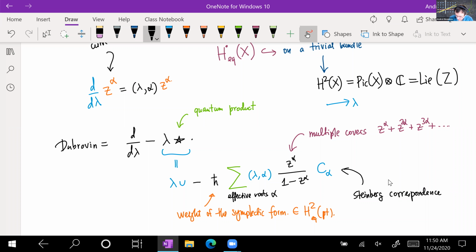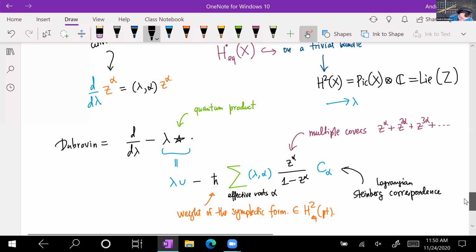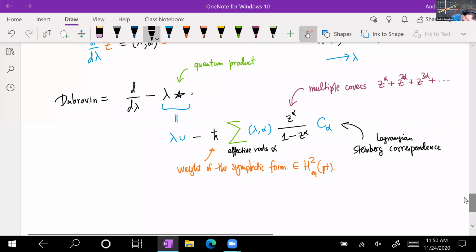It's of middle dimension, so it's a Lagrangian Steinberg correspondence, and you can phrase it in terms of the Lie algebra. Recall we had a Lie algebra. This is from the classical R matrix.